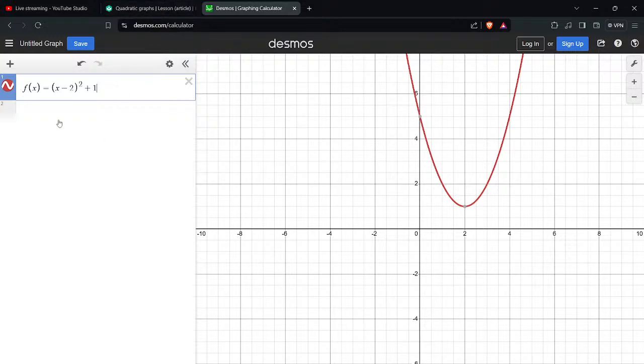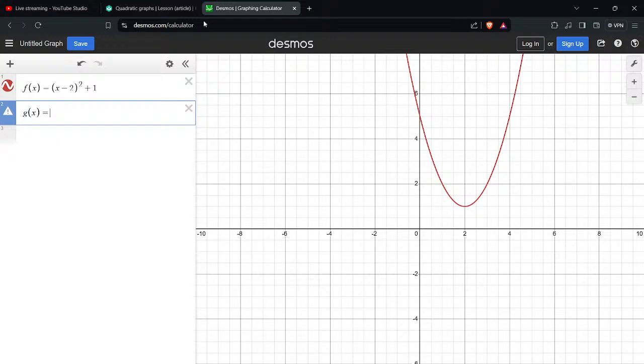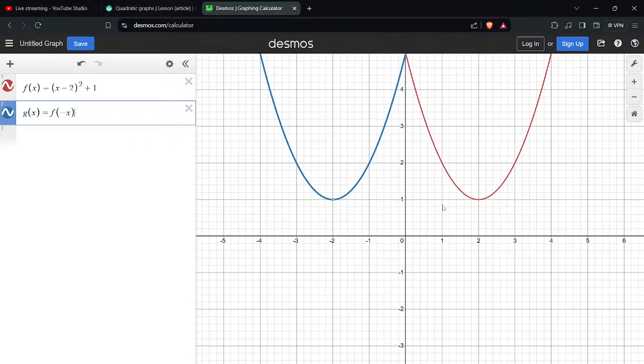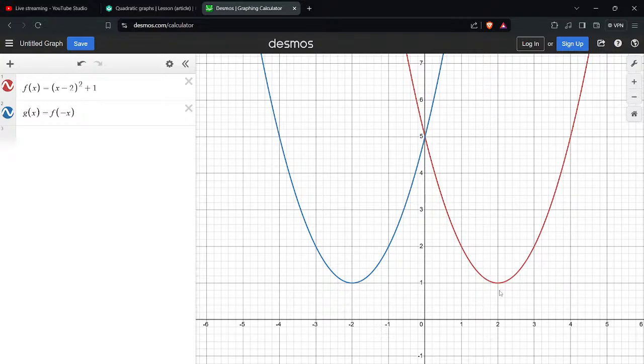Well, let's do the graph g(x), right? So g(x) equals y equals f of minus x. Oh, so it's reflected, right?